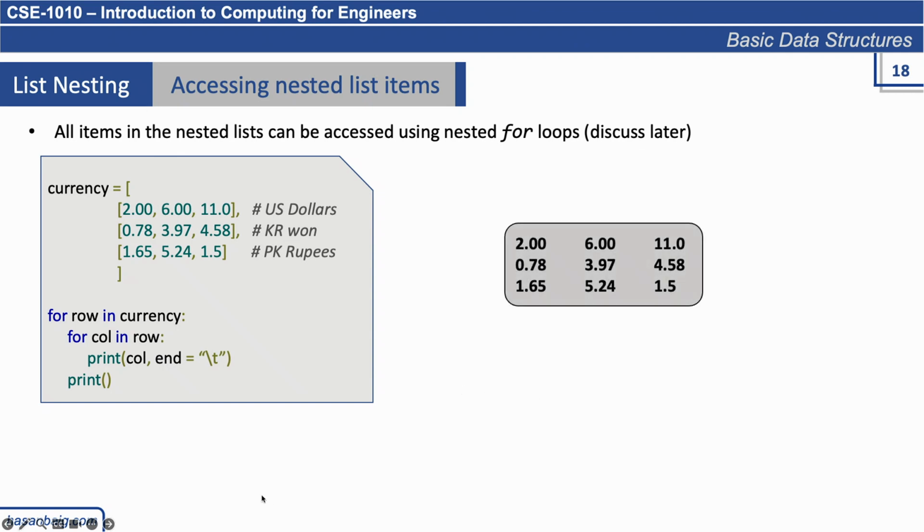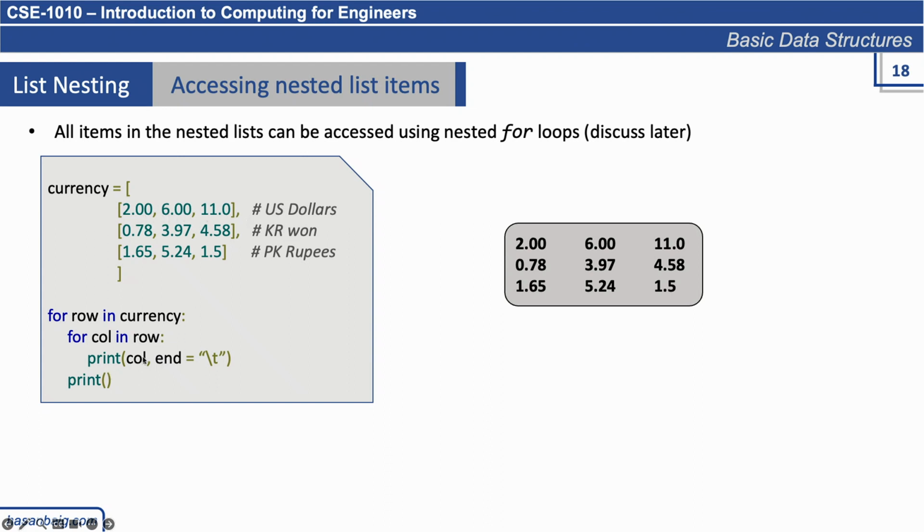Okay. So what we are doing here in this case is for row in currency. Currency is the list name, and we are accessing the row first, and then once we access the row, we are now accessing the column. So for the 0th row, the 0th column would be this one, 2, 6, and 11.